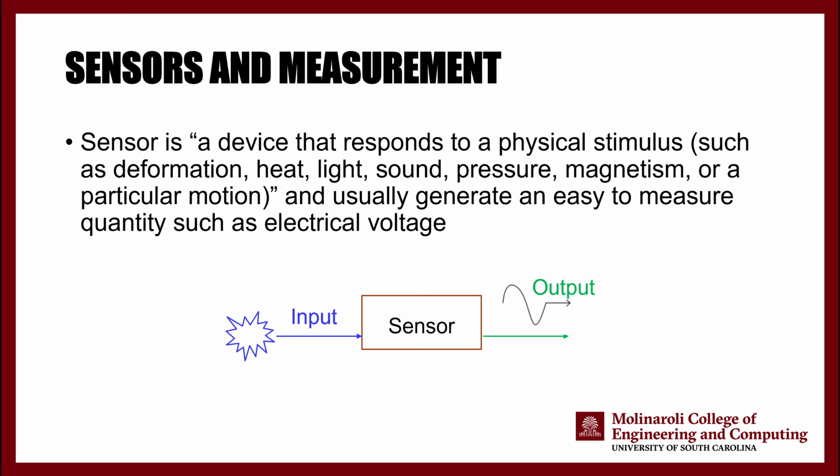We measured the angle change during torsion, and we also measured deflection through 3-point bending. But we want to learn how to actually connect the sensor to a computer so the computer can read the data for us instead of us manually recording it.